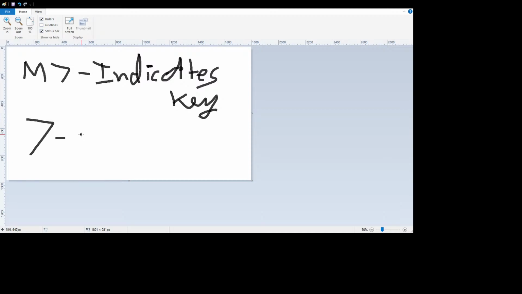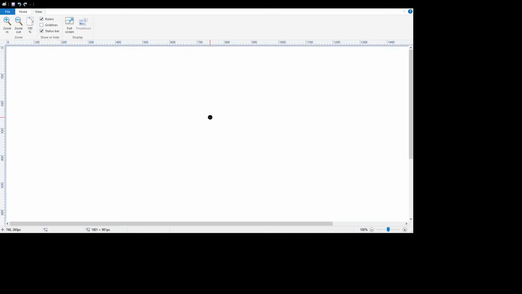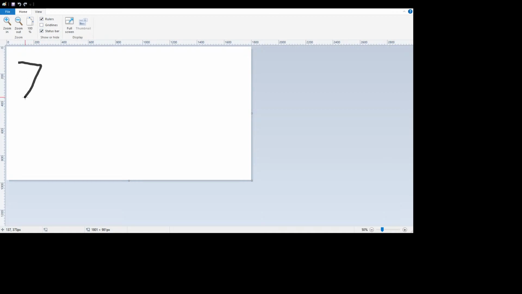It may indicate a different key. Or, put it simply, when you see a seventh chord, its use is for transposing. That's why I say it could be a different key, and major seventh indicates the key.